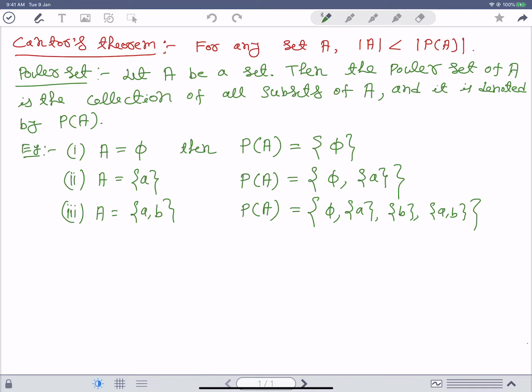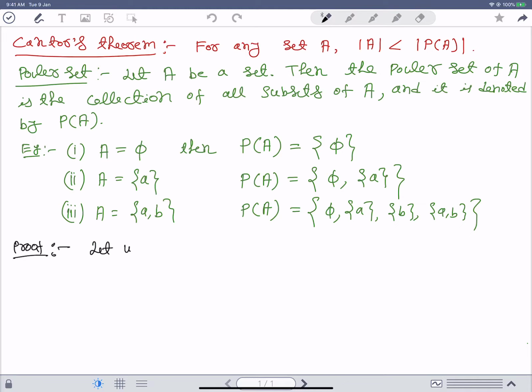Now this theorem says that the cardinality of A is strictly less than the cardinality of the power set of A. Okay. So here is the proof. First of all, we can define an injective function.